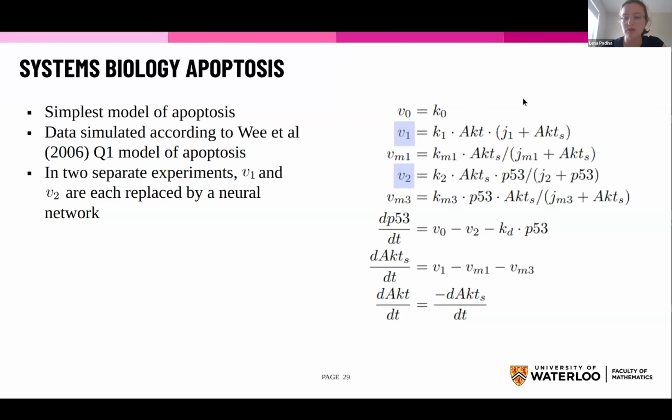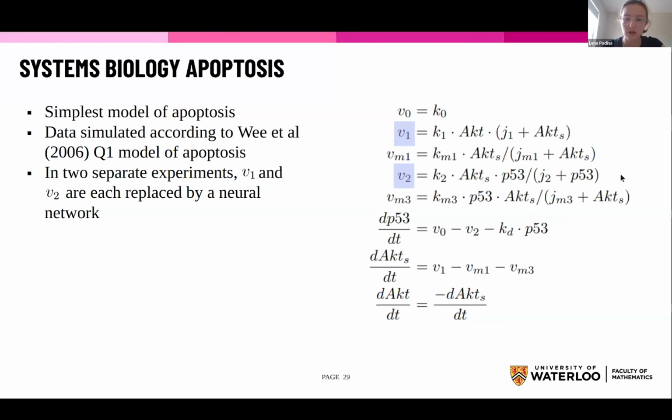Another detail here is that the neural network got all three variables as input. So we have P53, AKTS, and AKT, and it obtained all three variables, even though the function actually only is a function of two of those variables, and same for this one.